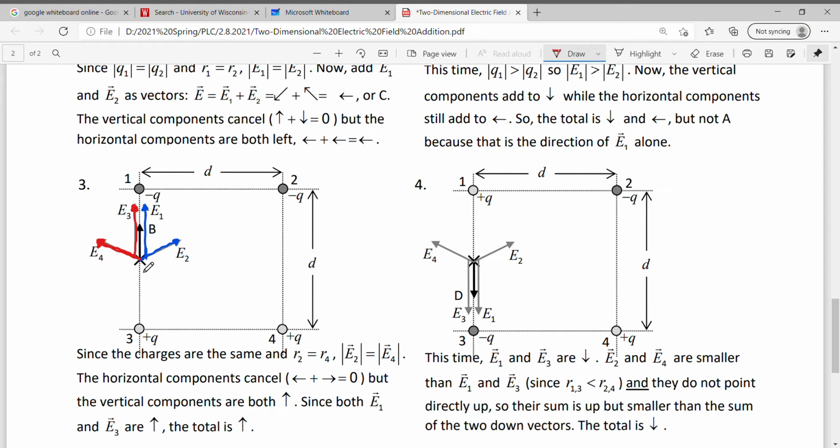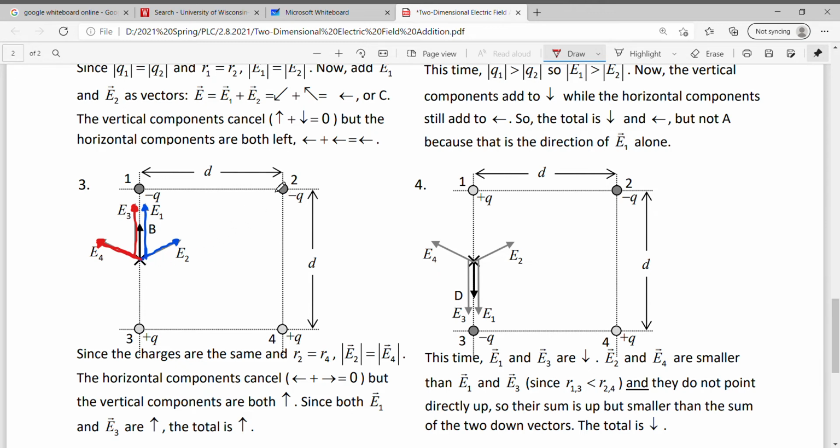E4 is caused by this charge. The distance between this charge and this place is equal to the distance from this point to charge 2.